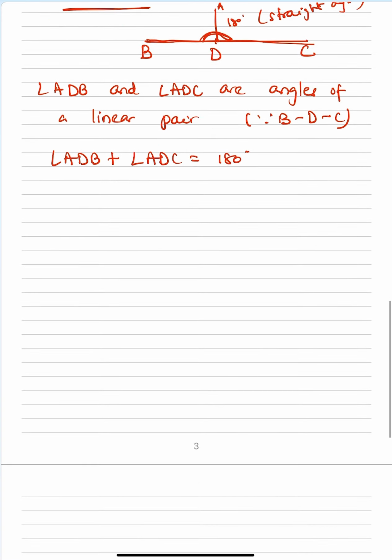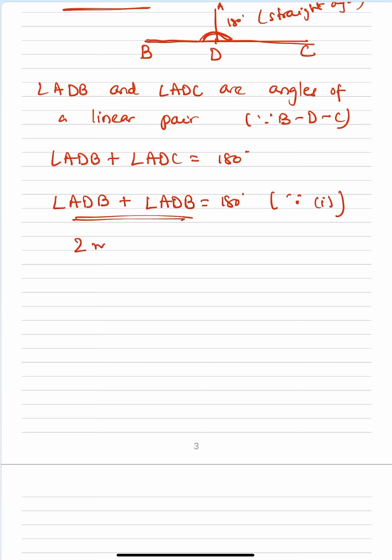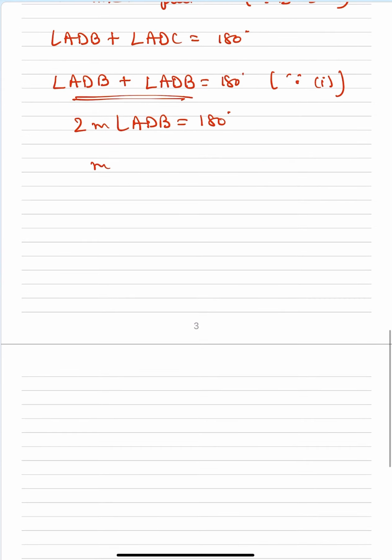So we can write angle ADB plus angle ADB is equal to 180 degrees. Why? Because of 1. So 2 times measure angle ADB is equal to 180 degrees. So measure angle ADB we will get 90 degrees, which is also equal to measure angle ADC. Why? Because both the angles are equal.